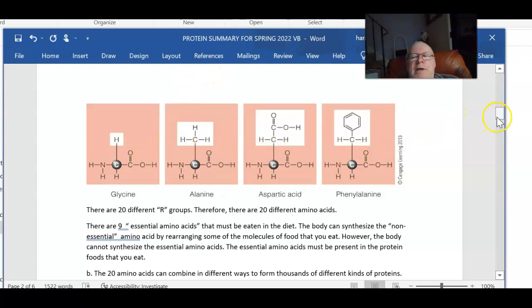So most of them your body can make, but there are 9 of them that are called essential, which means that you have to get them from your diet. Your body can't make them. If you don't get them in your diet, your body will not be as healthy, certainly, as it should be.